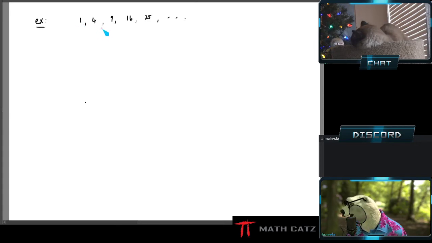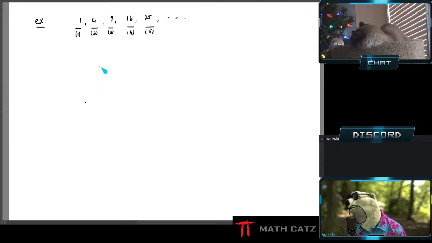I'm adding 3, then 5, then 7. Okay, it's not impossible, but let's think of the other way we thought about this. By linking the term to the position that it's in. And we noticed that the term is the square of the position value.